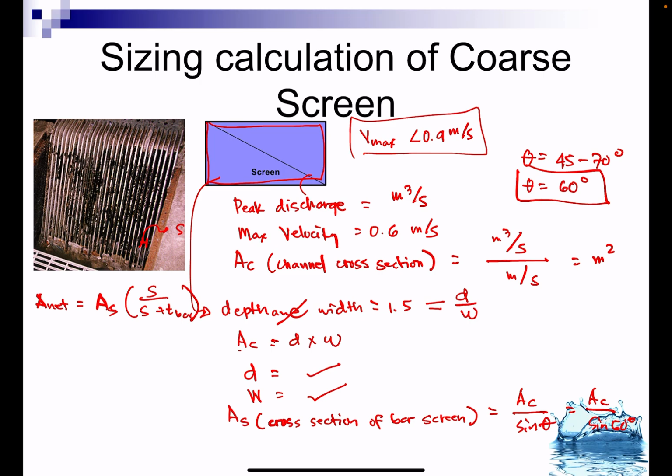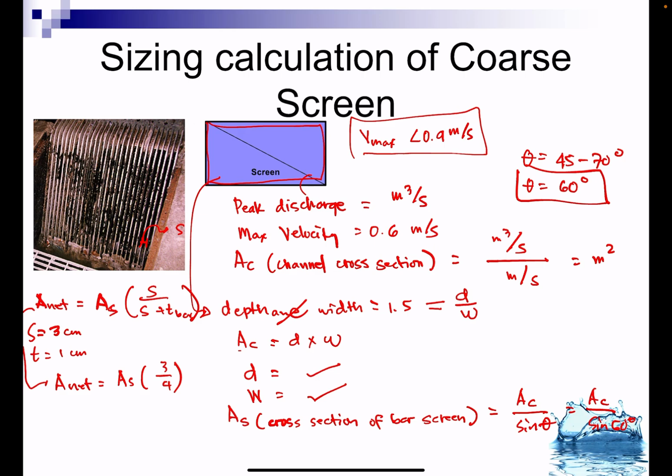Wala naman siguro maglalagay that the space between your bars would be 1 meter. It's too wide that some solids would pass through. So assuming S is chosen to be 3 centimeters. Tapos yung T-bar ko, assuming it's 1 centimeter, you'll get your net area equivalent to AS times 3/4. Or 3/4 of the AS is your net area.